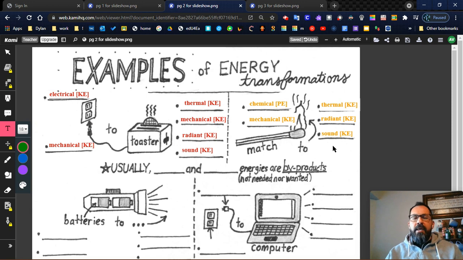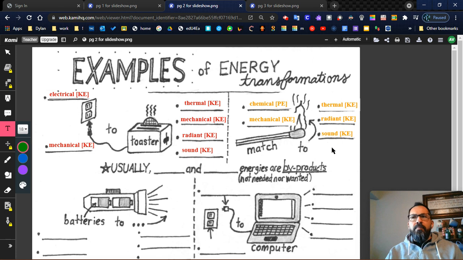So we're going to include sound as one of the energies that's produced during this transformation. So we strike the match, it produces fire, the match produces light, and we can hear the match burning.